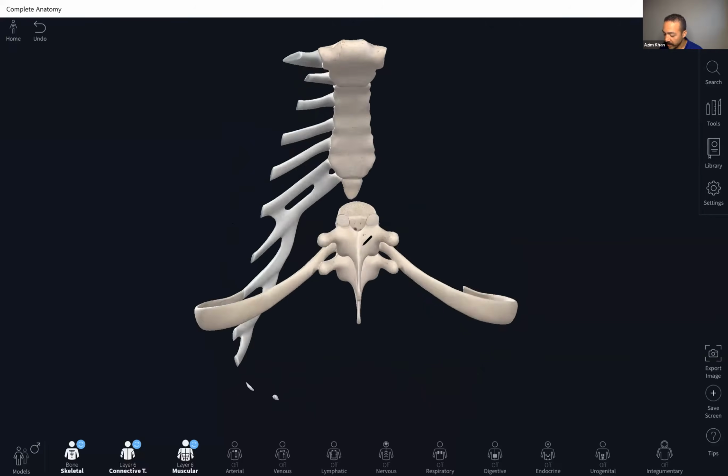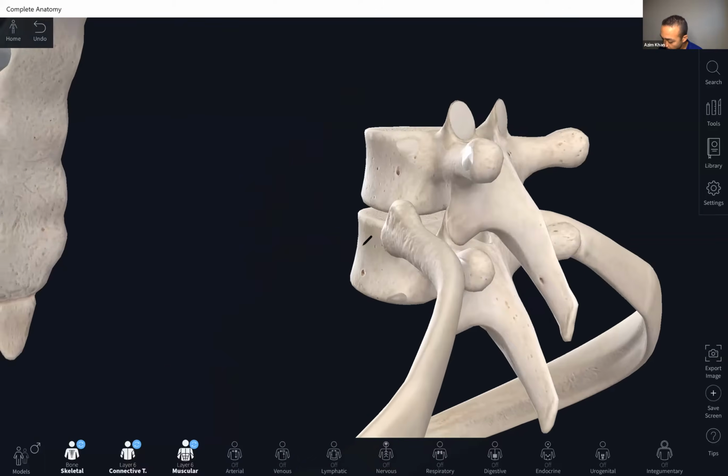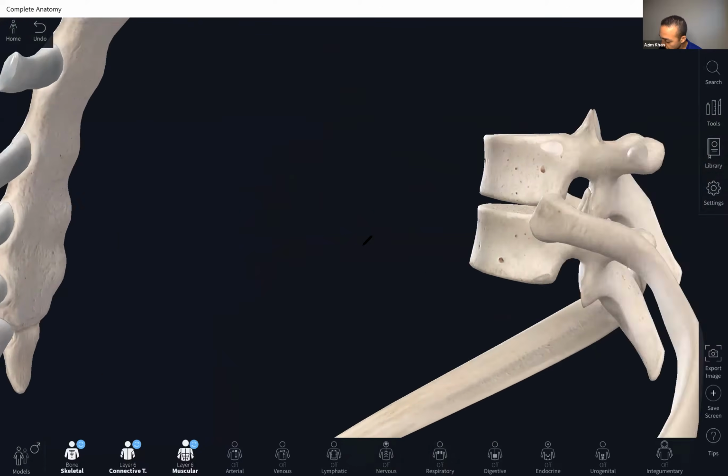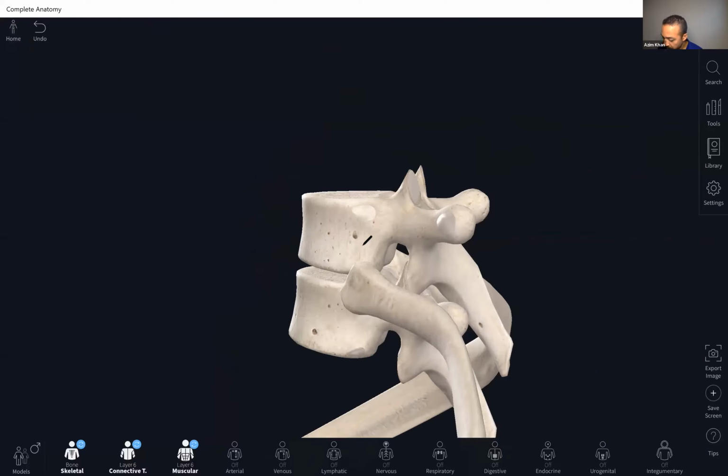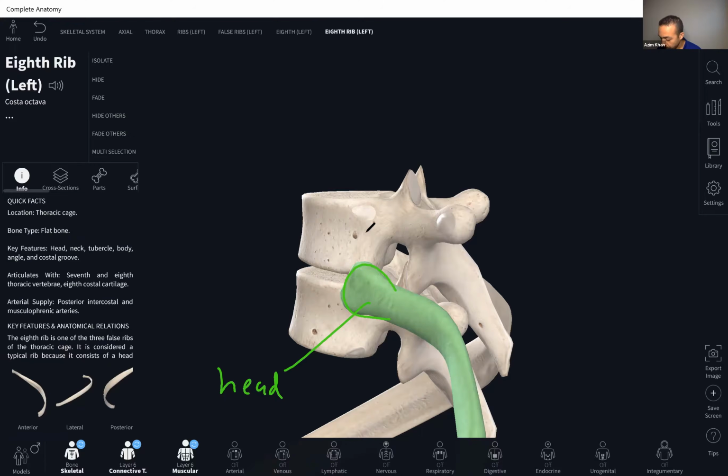On the posterior side, you can see the head of the rib articulating with the costal facets. Let me hide this rib.